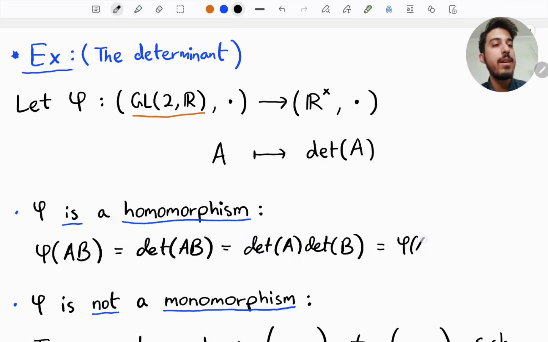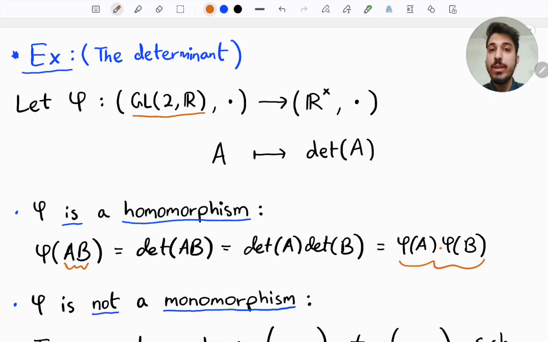So that's phi of A times phi of B, and we have successfully proven that it's a homomorphism. Remember, the multiplication on the left is matrix multiplication, unlike the multiplication on the right-hand side, where it's just multiplication of two real numbers.